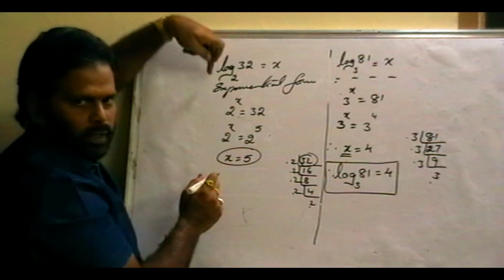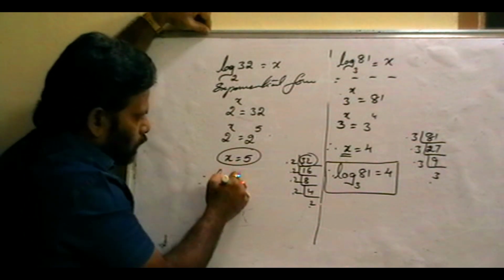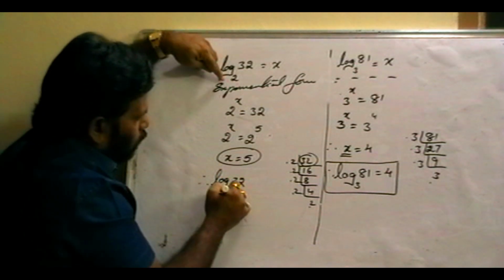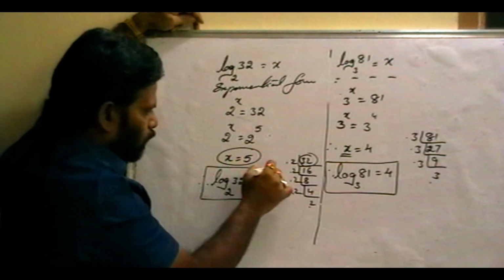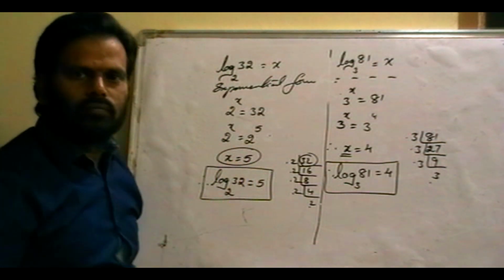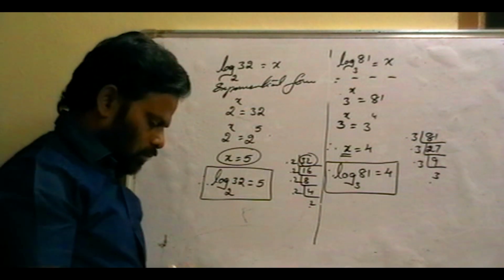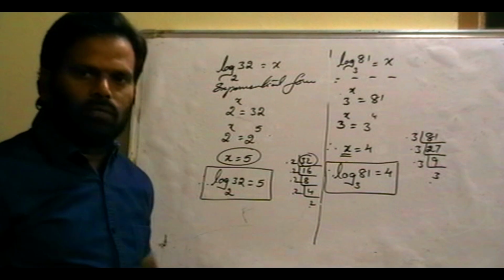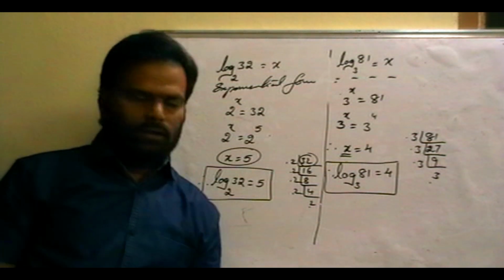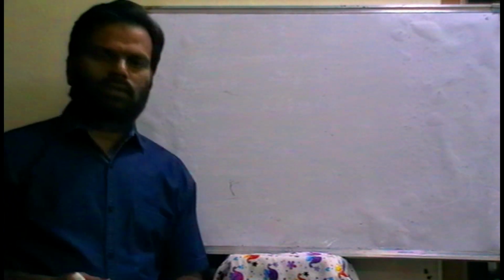Log 32 to the base 2. Therefore log 32 to the base 2 is equal to x, and that x we got as 5. So log 32 to the base 2 is equal to 5. This is the main important method, exponential form to logarithmic form. Right? So, some more examples.